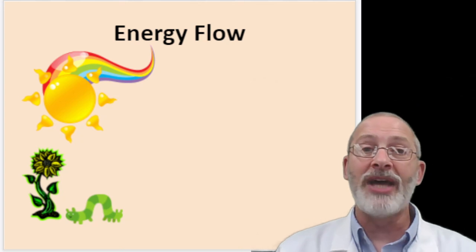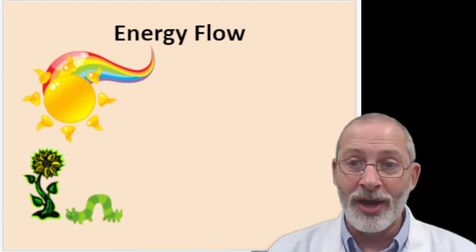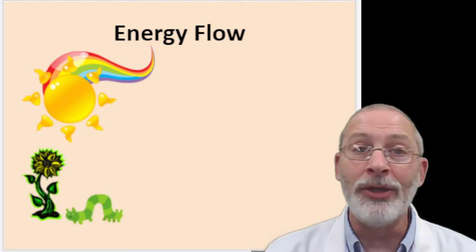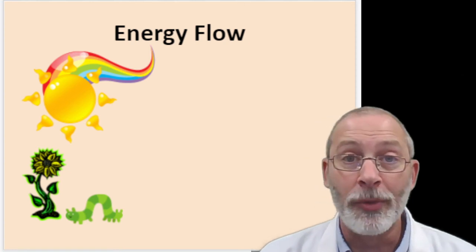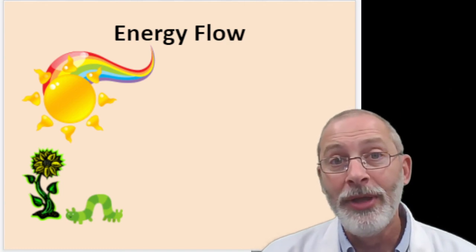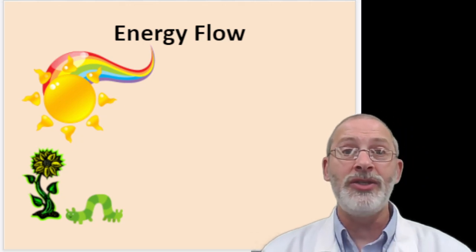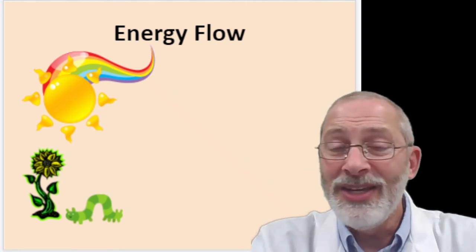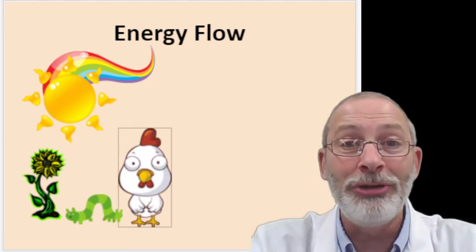So in our friendly little diagram, we have a very hungry caterpillar. This very hungry caterpillar will consume the plant in order to obtain the energy that the plant transformed from the sun. But the energy flow doesn't end here because, as you can imagine, as we follow the energy flow from the sun to the plant to the cute little hungry caterpillar, that caterpillar is a tasty morsel of food for other organisms like our hungry little chicken.